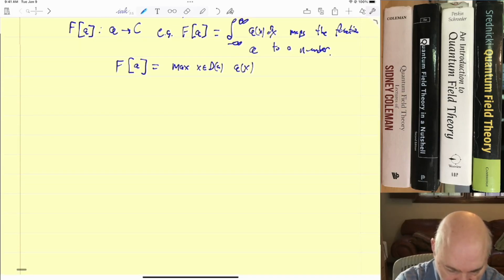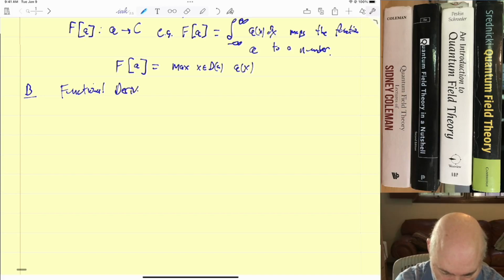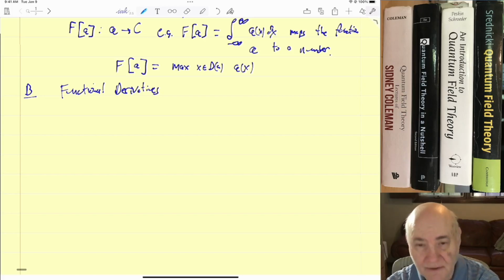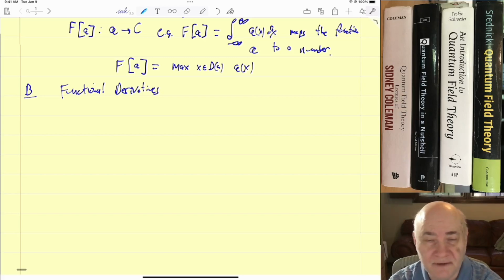Now let's talk about functional derivatives. Nothing that I do and nothing anybody does in functional calculus is really very rigorous. They may try for a while, but it's very, very hard.